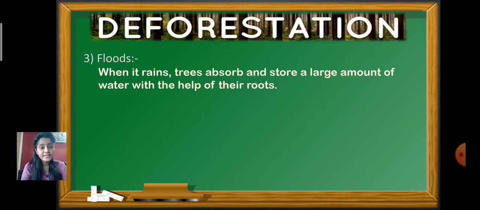The tree's roots absorb the rainwater, which prevents floods. And if there are no roots, no trees, then how will the water be absorbed? It will not be absorbed. Of course, floods will come. Yes or no? Yes.